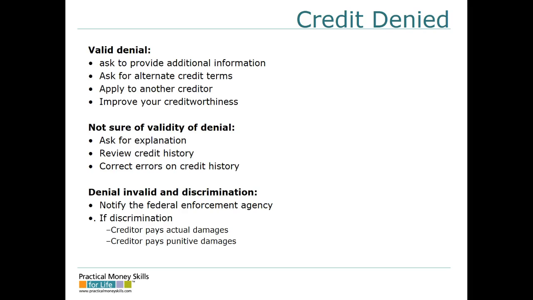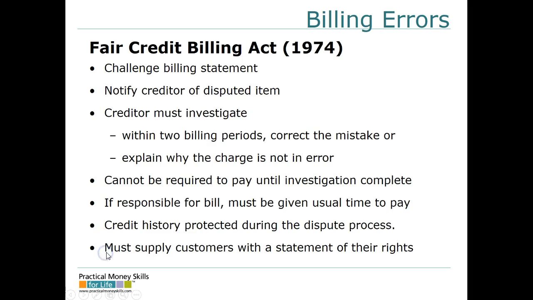Dealing with billing errors. This goes to the Fair Credit Billing Act of 1974. It sets up a procedure for the quick correction of mistakes that appear on consumer credit accounts.